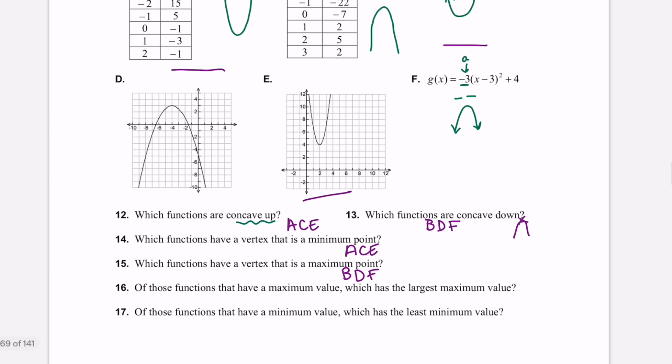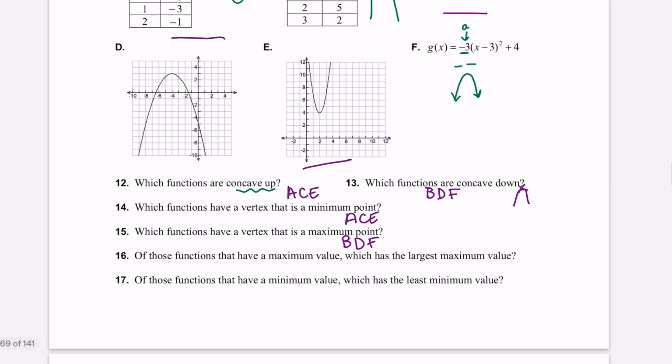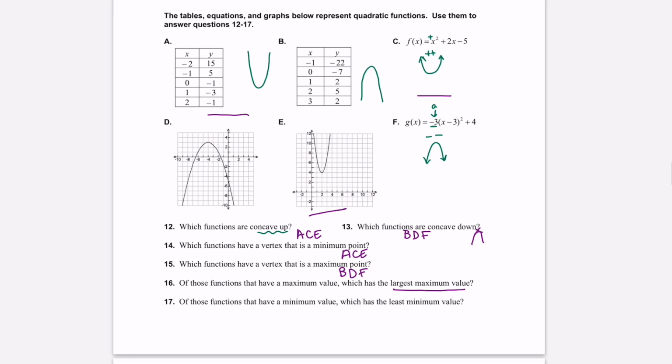Of those that have a maximum value, B, D, and F, which one has the largest maximum value? So looking at B, the max this goes is 5. Max at 5. D, the maximum this one goes is at 3.